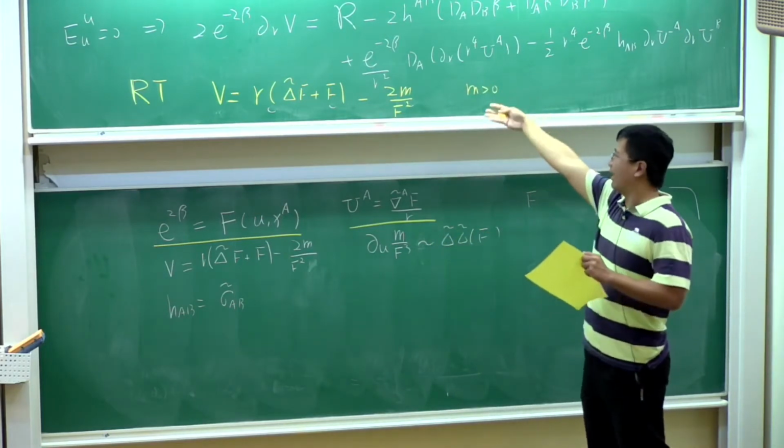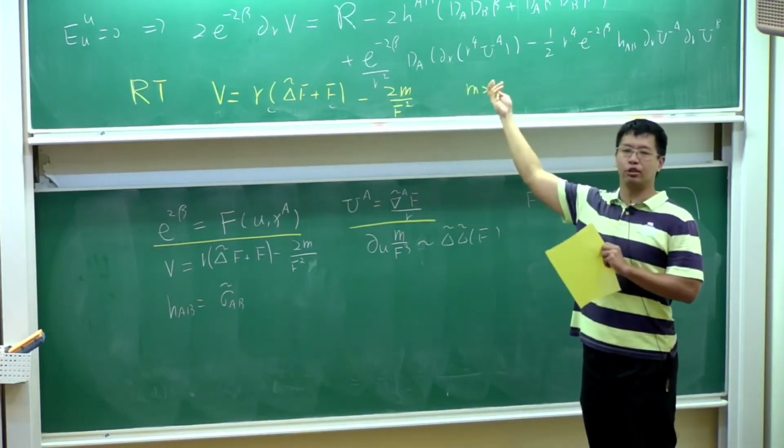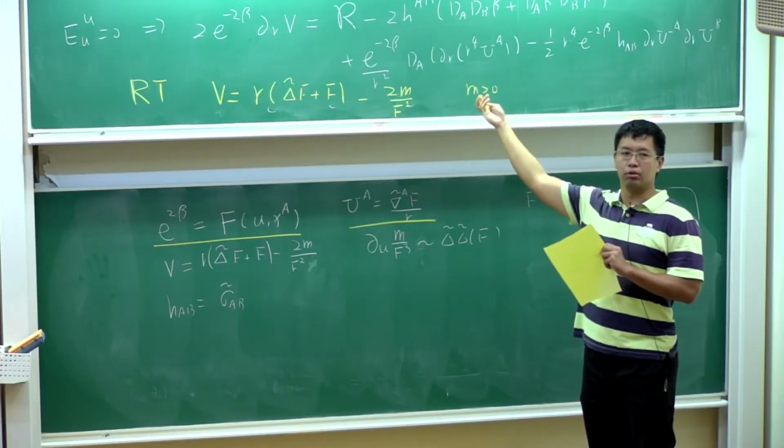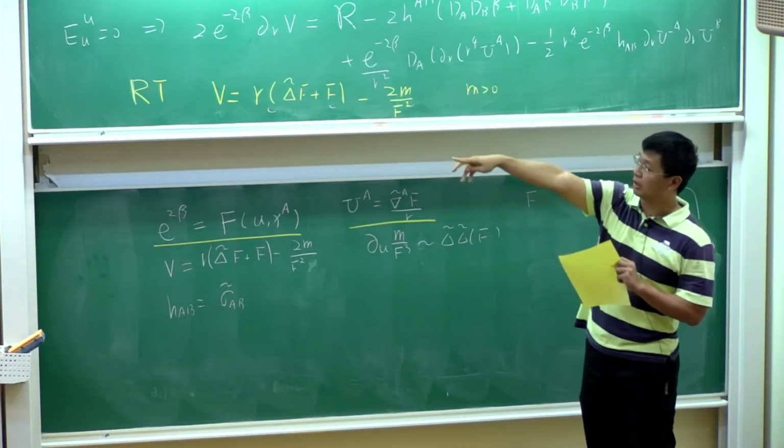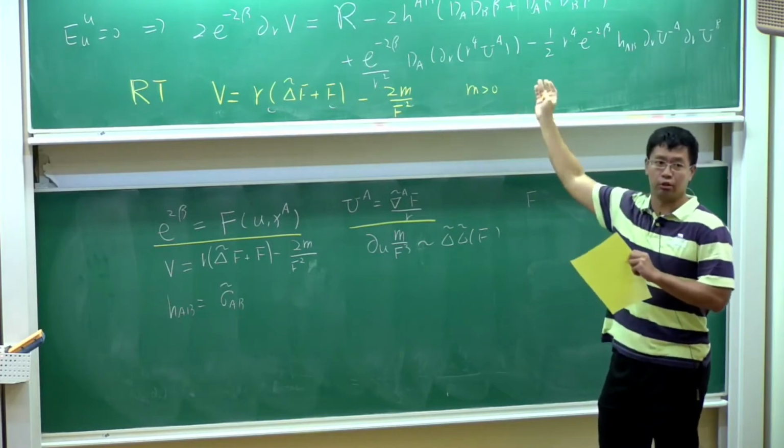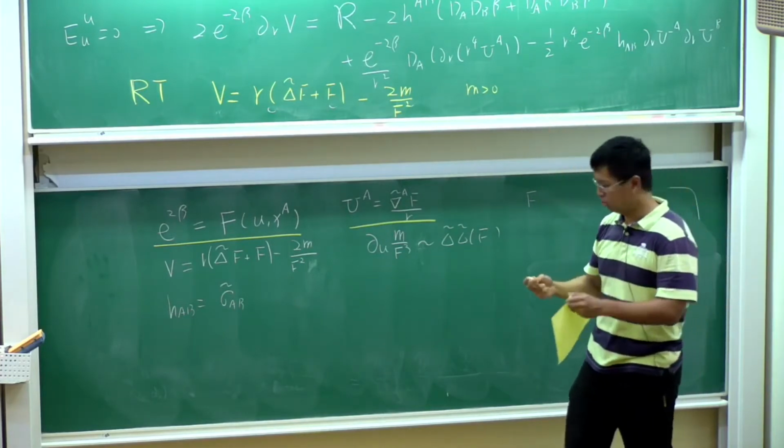Okay. At this point, in principle, M can be a function of U and XA. Later on, with the supplementary equation, we can actually justify this choice of M being constant. Okay.